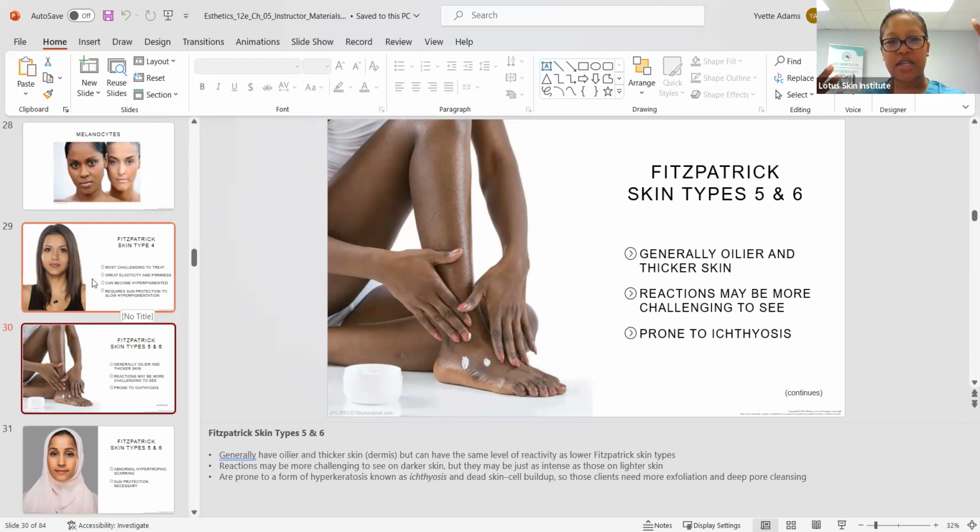Hyperpigmentation sometimes is not as apparent in darker skin because we're talking about pigment, and darker skin has more pigment anyway. But the reactions can be just as intense as those with lighter skin. They're prone to a form of hyperkeratosis known as ichthyosis and dead skin buildup, so clients need more exfoliation and deep pore cleansing.